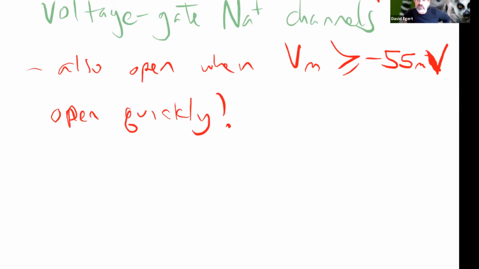Once the voltage goes to minus 55 or above, they basically snap open and they let sodium in. But then, in fact, let me draw a picture here.